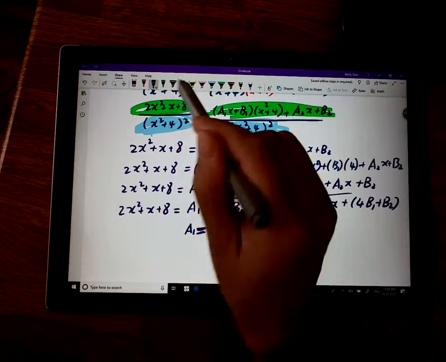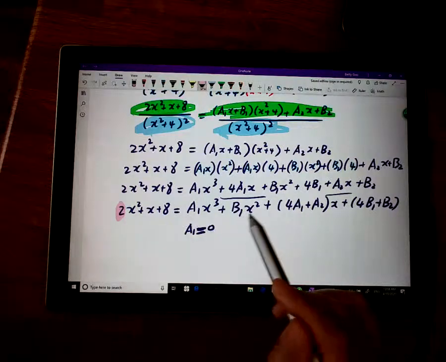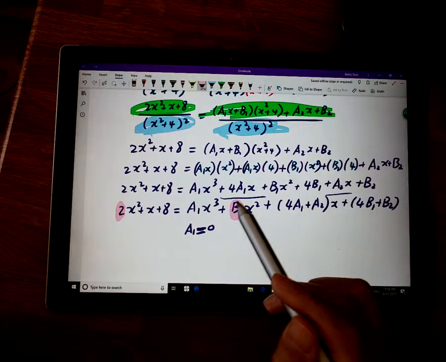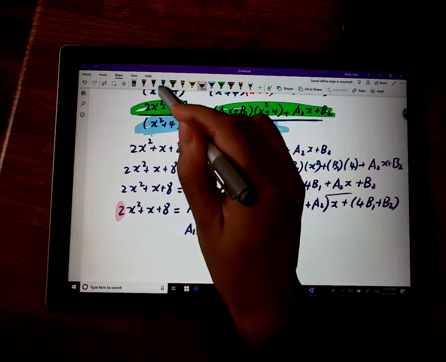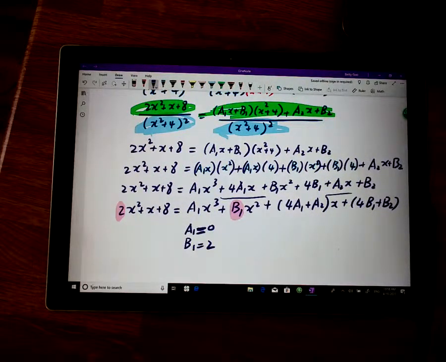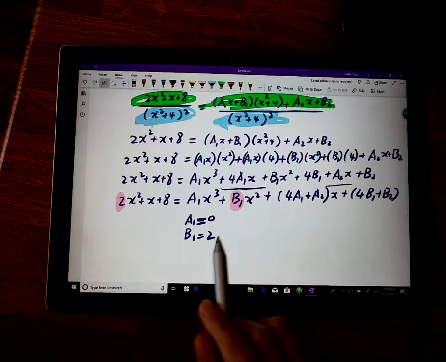On the left, the coefficient of x squared is 2. On the right, the coefficient of x squared is b sub 1. Pink equals pink. From that, we have b sub 1 equals 2. We do have 4 unknowns, but we have the values for 2 of them already.